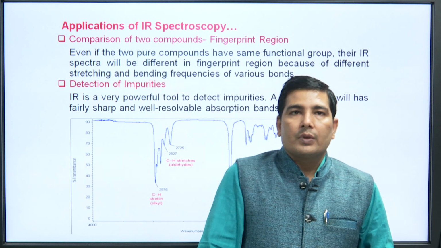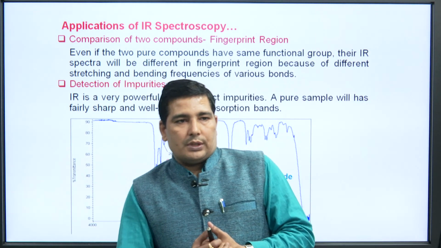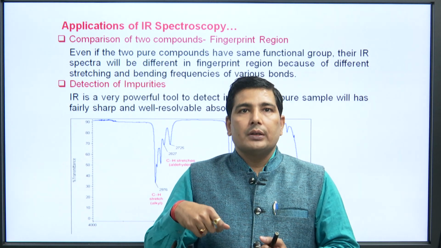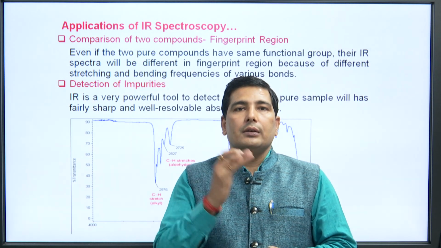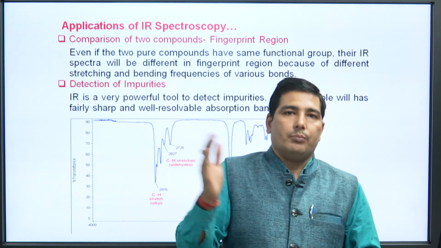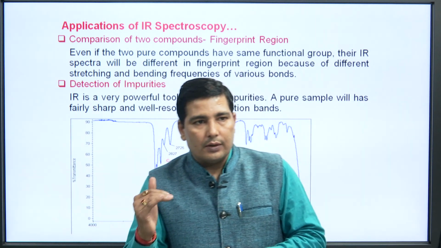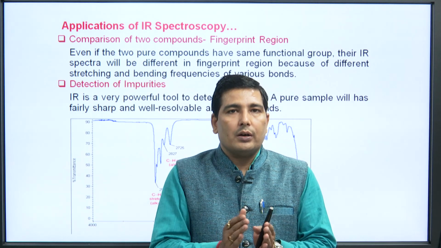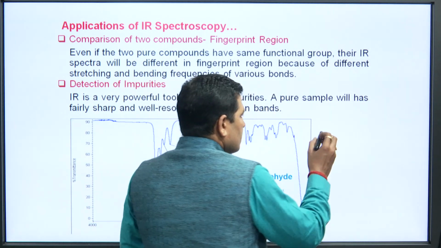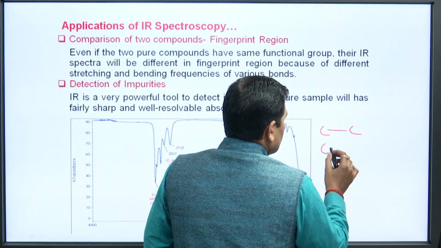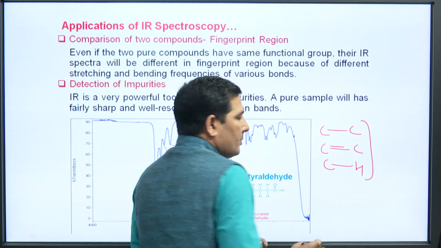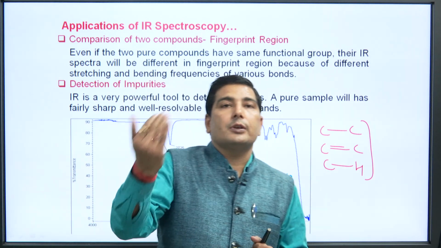Next is comparison of two compounds. Even if the compounds have the same functional group, we can still identify them, because their skeletons will be different. Their C–C bonds, C double bond C, CH, their stretching and bending vibrational patterns will be different.